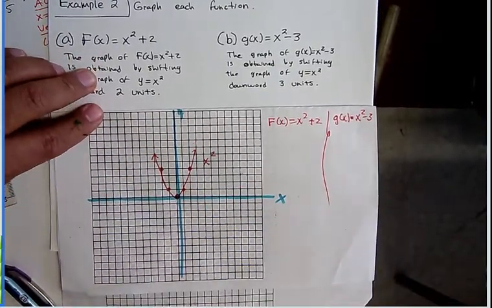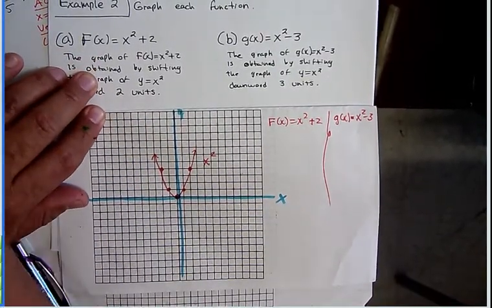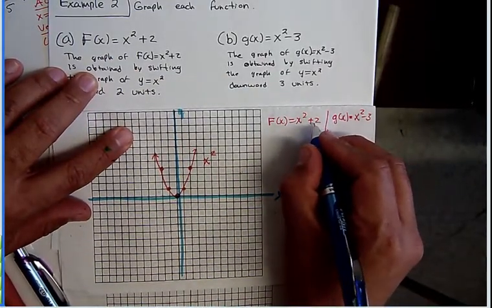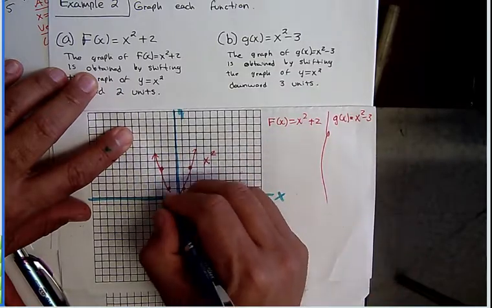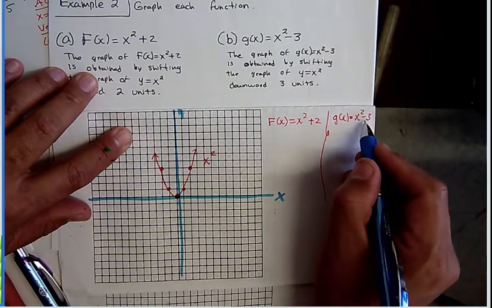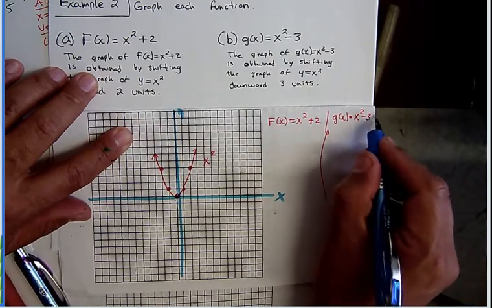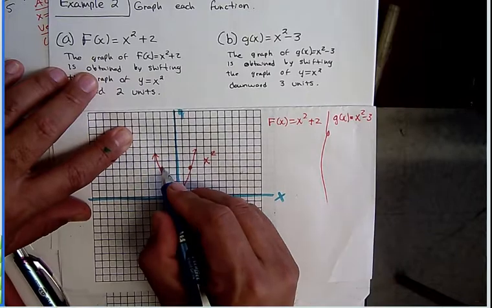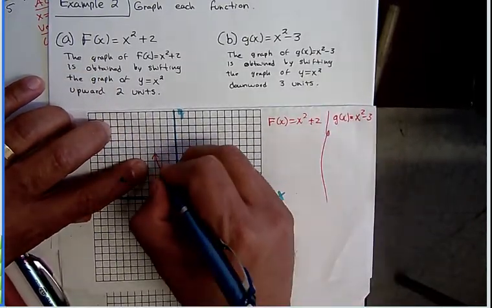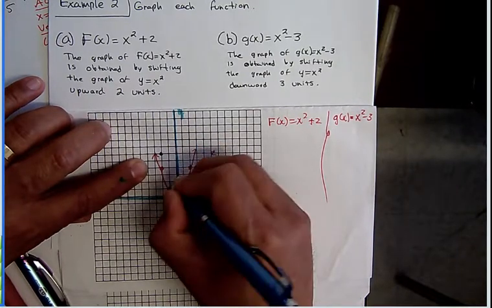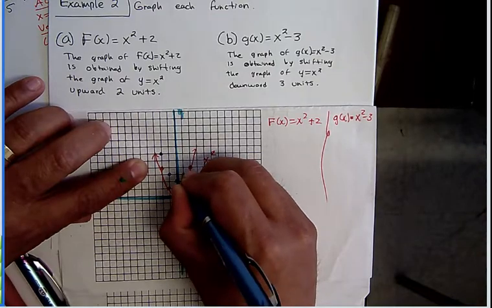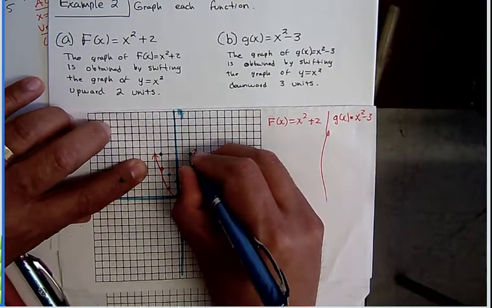If you were listening to me, the only difference between this and the parent function is that we're going to move every dot 2 units up, and for this one, we're going to move down 3 units every dot. So for this one we move 2 units up. 1, 2, 1, 2, 1, 2 units.